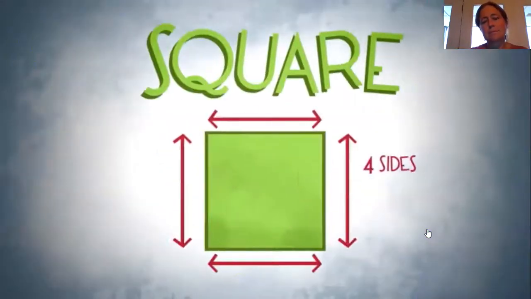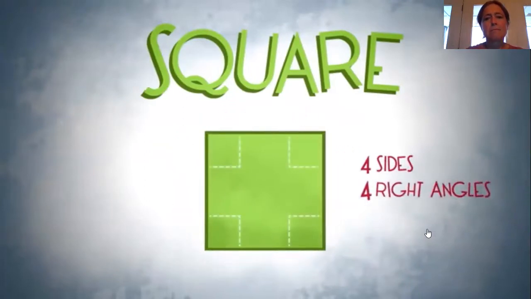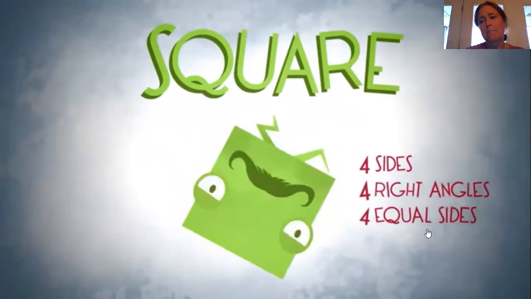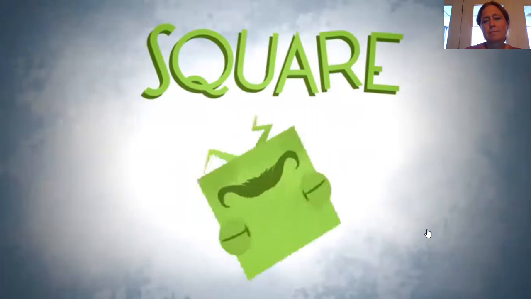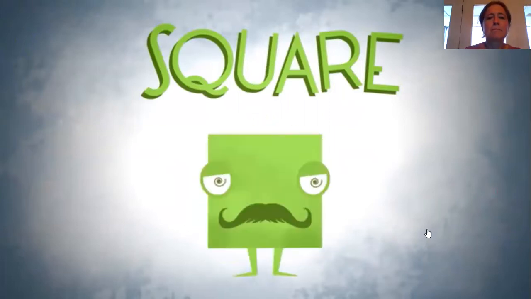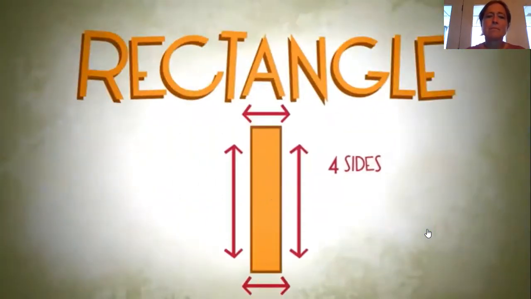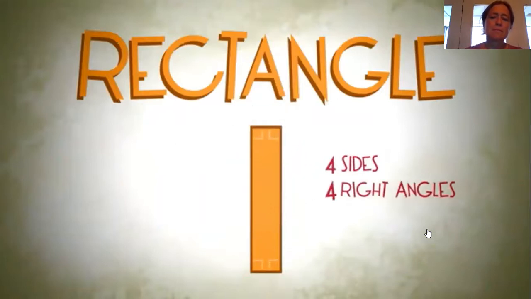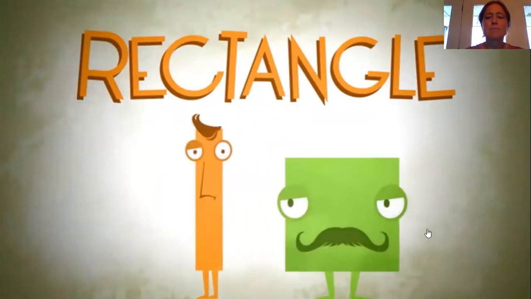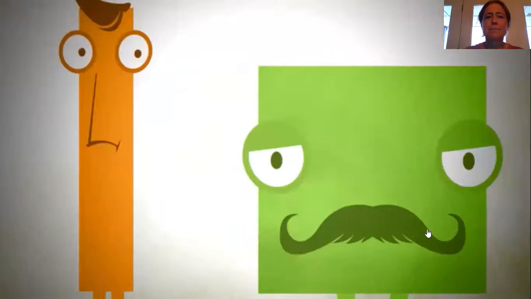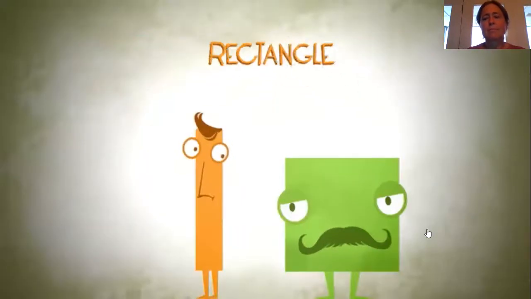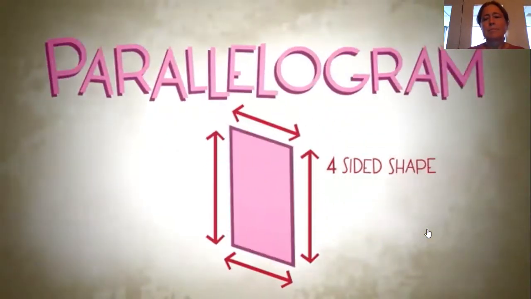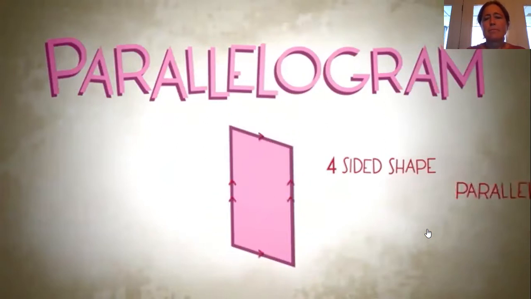A square is a four-sided shape with 4 right angles and 4 equal sides. So you can spin it like a top, and when it stops, it's gonna look the same. A rectangle is a 4-sided shape with 4 right angles. So a square is a kind of rectangle, but not all rectangles are square. Is that clear? A parallelogram is a 4-sided shape with 2 pairs of parallel sides.